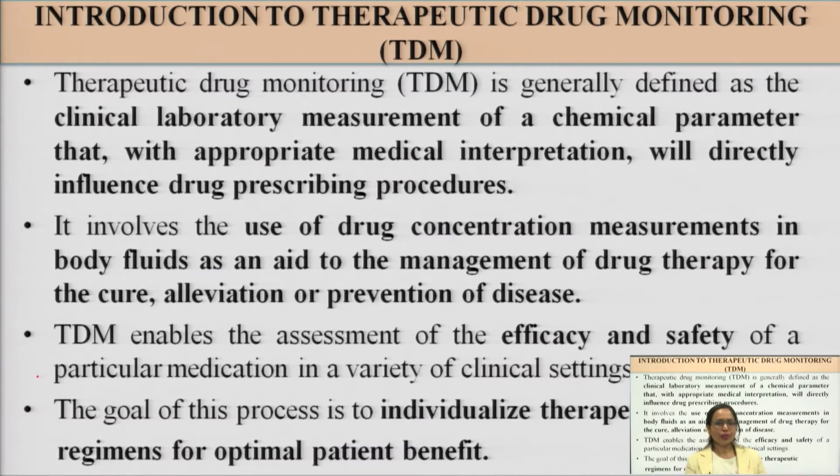So, mainly we know that drugs are taken for the cure, alleviation or prevention of disease, right. That can be evaluated by measuring the drug concentration in body fluids, like plasma, as I told you, and urine, right.